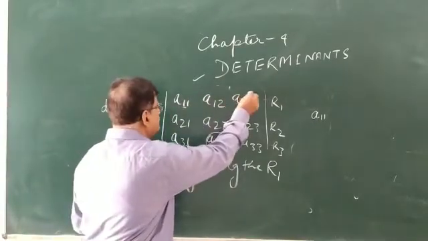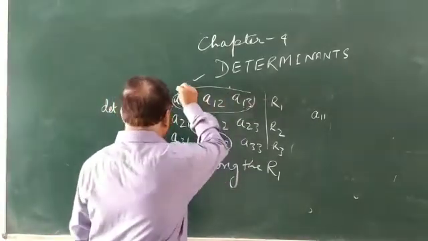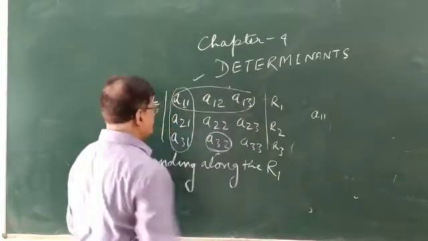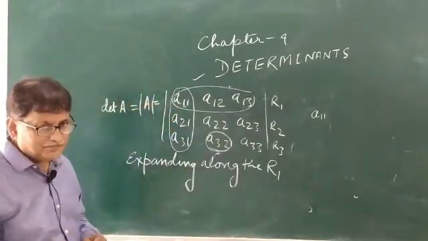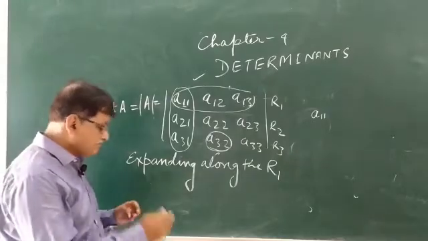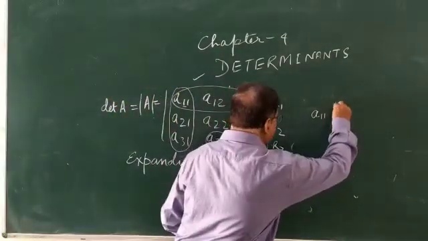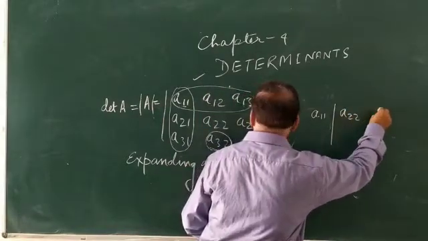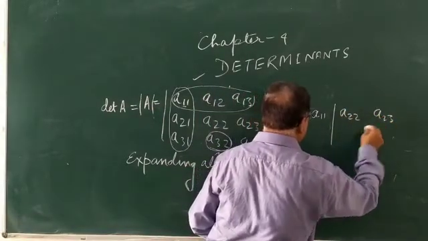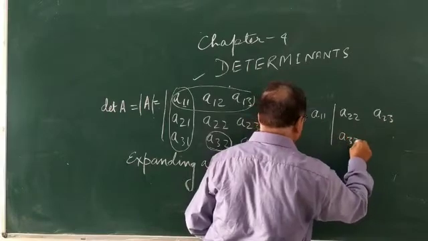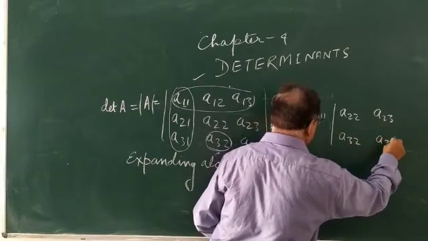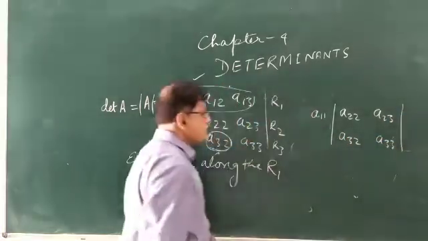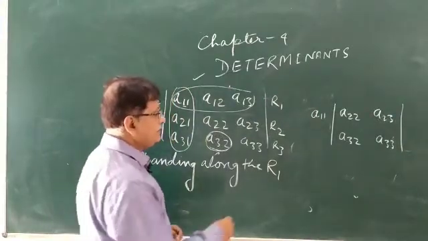First row this and this don't consider. Now you get the minor determinant A22, A23, A32 and A33, and this is what?